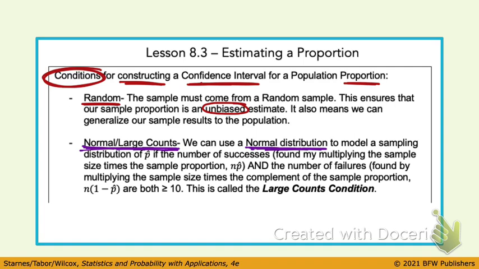We have to make sure that our number of successes, which can be found by multiplying the sample size times the sample proportion, and our number of failures, which can be found by multiplying the sample size times the complement of the sample proportion, are both greater than 10. This is called the large count condition.